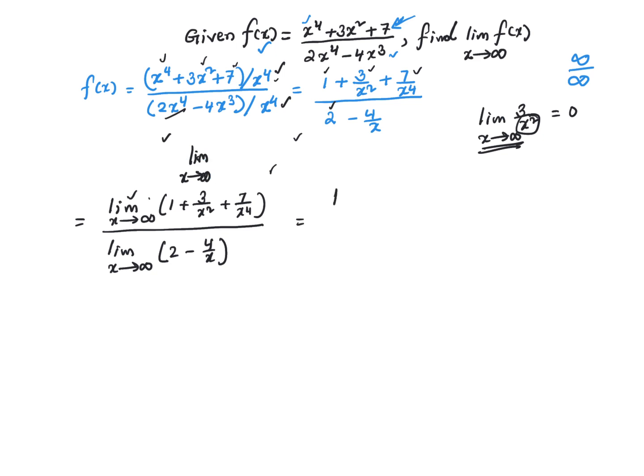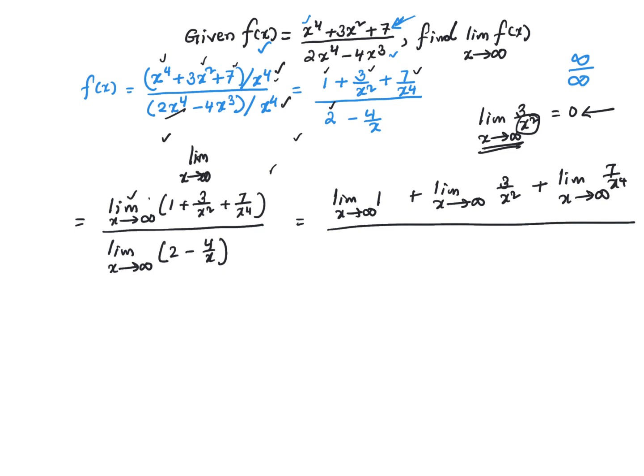That gives me the limit of 1, which is just 1, plus the limit of 3 over x squared, which is just 0, as I showed you. Similarly, the limit of 7 over x to the power 4 is also 0. And in the denominator, the limit of 2 is just 2, minus the limit of 4 over x, which is 0.